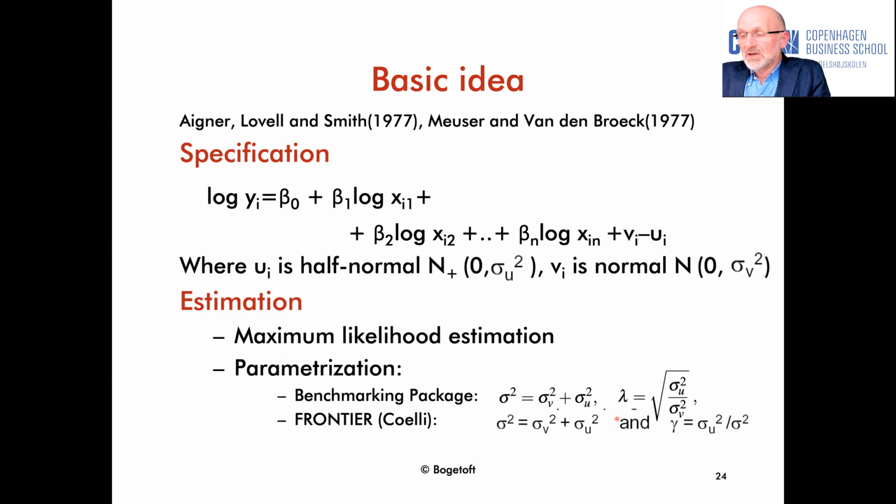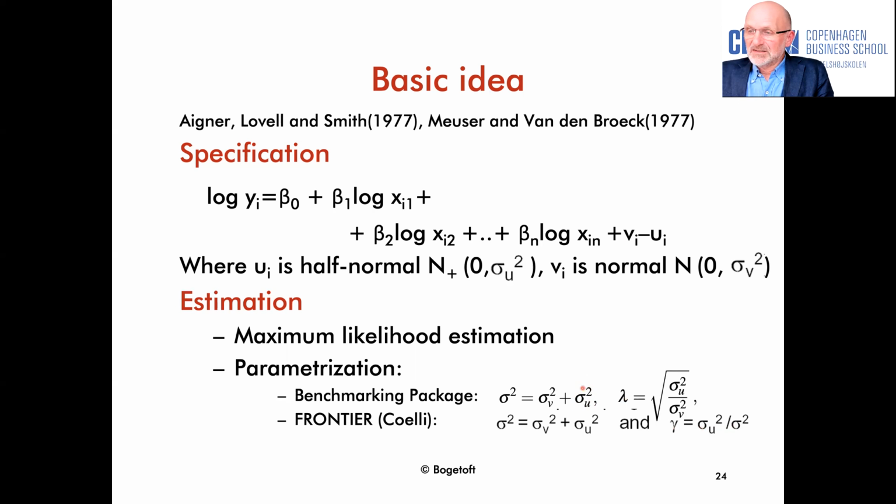They use the same sigma squared here, but instead of a lambda, they use a gamma, which is the inefficiency variance divided by the total variance. So their gamma is the share of inefficiency as part of the total variance. One has to be a little bit careful because this is not really the variance of the inefficiency distribution.